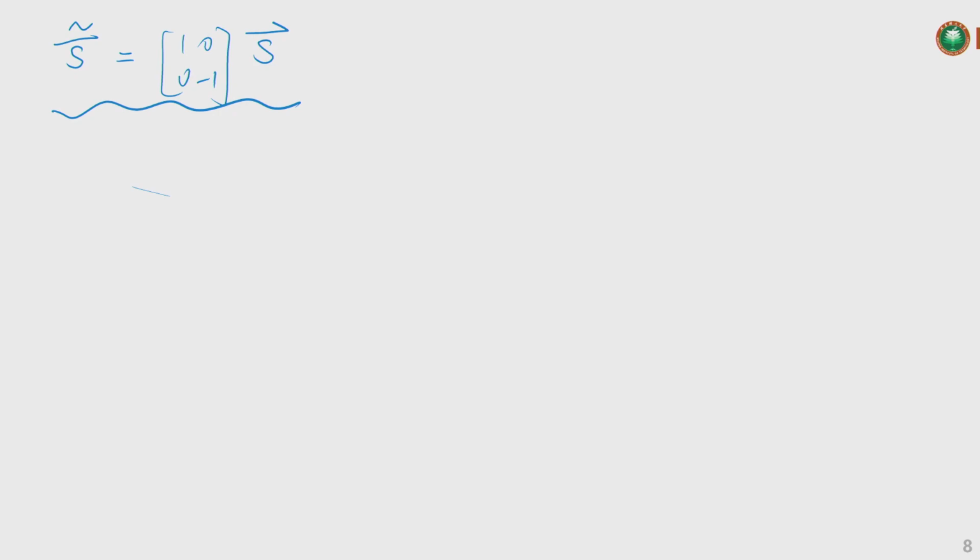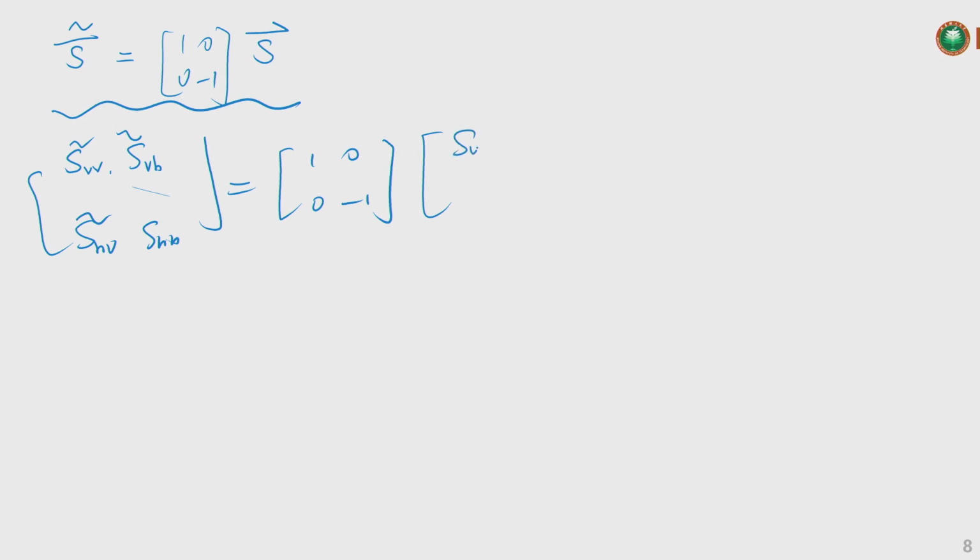So we can get that the S_VV, S_HV, S_VH, S_HH is related to 1 over minus 1 times S_VV, S_VH, S_HV, S_HH.